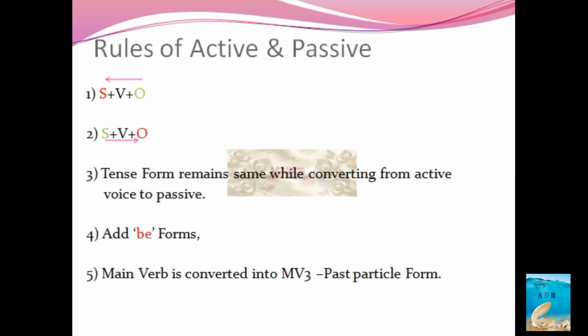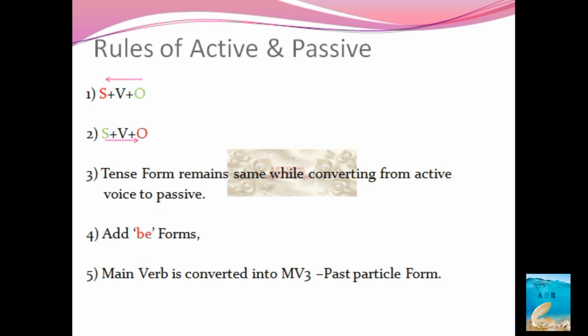For example, in I write a letter, write is the present tense form, wrote is the past tense form, and written is the past participle form. Again, I insist you see the video on main verbs.